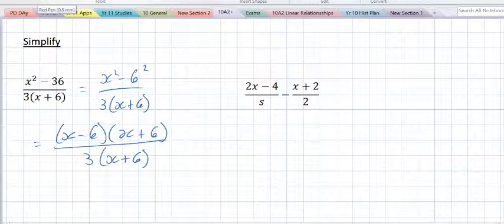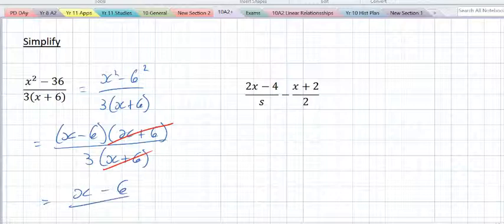So x squared take 6 squared splits into x take 6, x plus 6, because there's a difference of 2 squares. And then we've got the x plus 6 on the top and the bottom. That leaves us finally with the answer of x take 6 over 3.